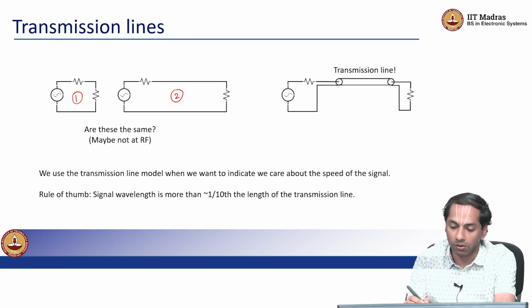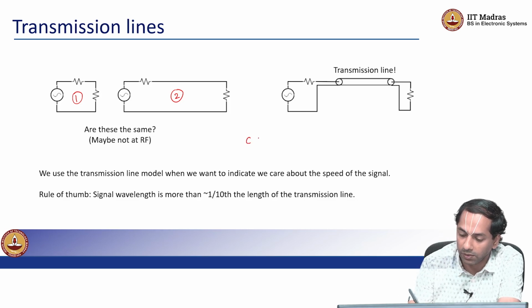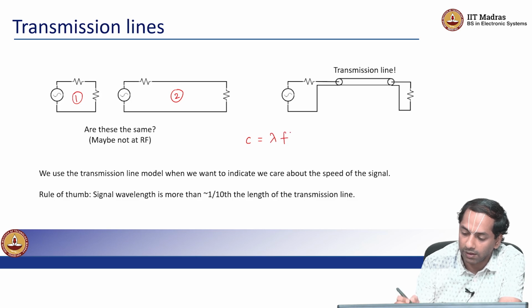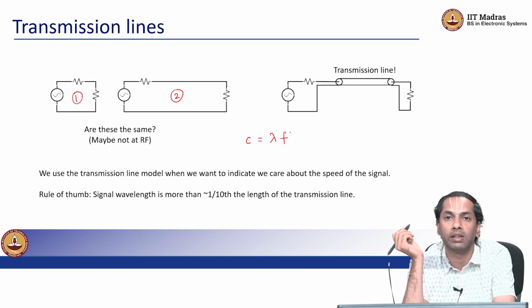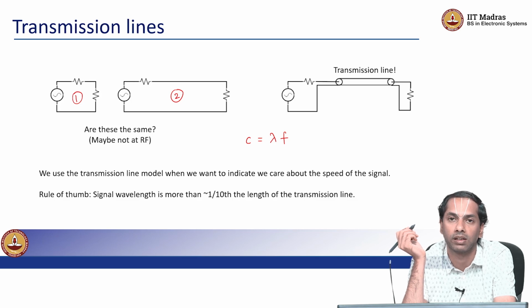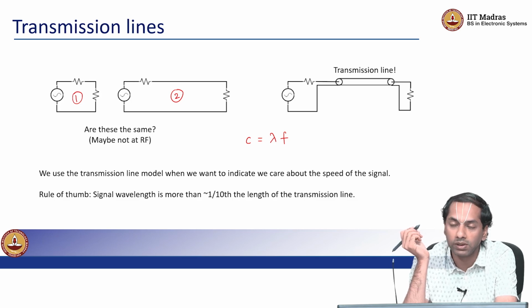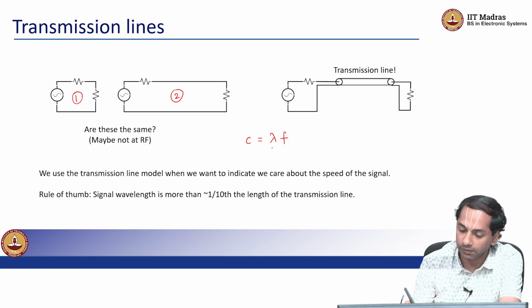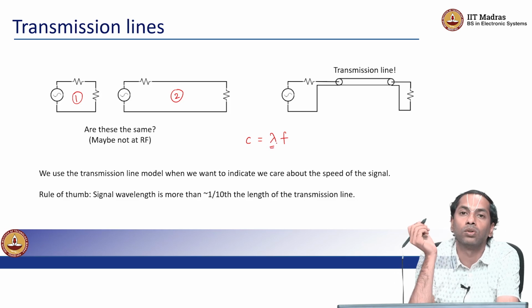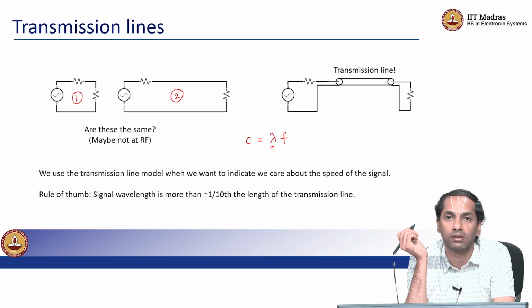The signal wavelength comes from the popular relation c equals lambda f, where f is the frequency of your voltage source or current source, and using the speed of light we can estimate the so-called signal wavelength.